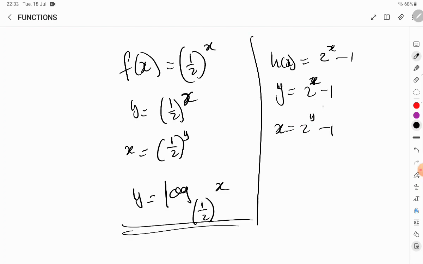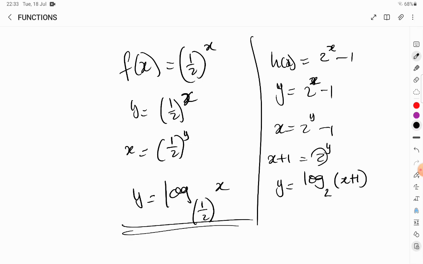Your next step is to take 1 to the other side because you want to make y the subject. So there we go. x plus 1 is equal to 2 to the y. Now y is equal to log of x plus 1, our base again is 2, so it's 2 down here. That becomes our new graph.